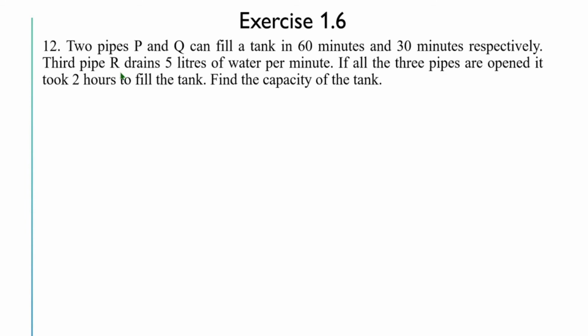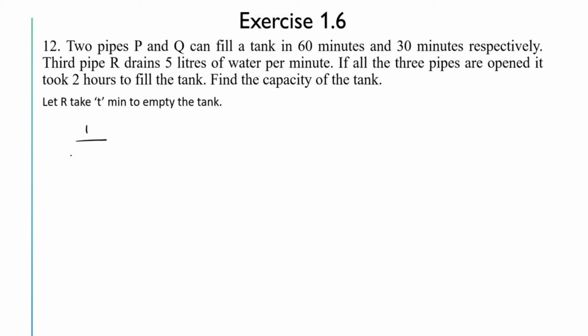So first we will find the time required by R to drain the tank, and then we will find the capacity of the tank based on this information given. So let R take T minutes to empty the tank. They have given, when all the three pipes are opened, it took 2 hours to fill the tank. So 2 hours we can convert into 120 minutes.